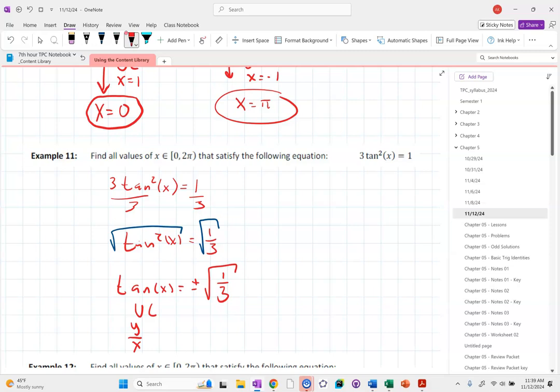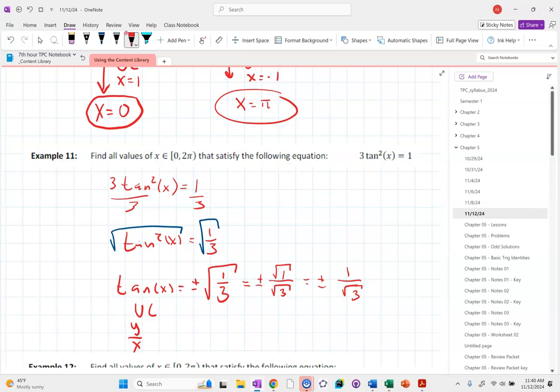Everybody's good? So I can write this as plus or minus. Well, when you take a square root of a fraction, that's the same thing as the square root of the numerator over the square root of the denominator. And I know the square root of 1 is just 1. Everybody okay to hear?